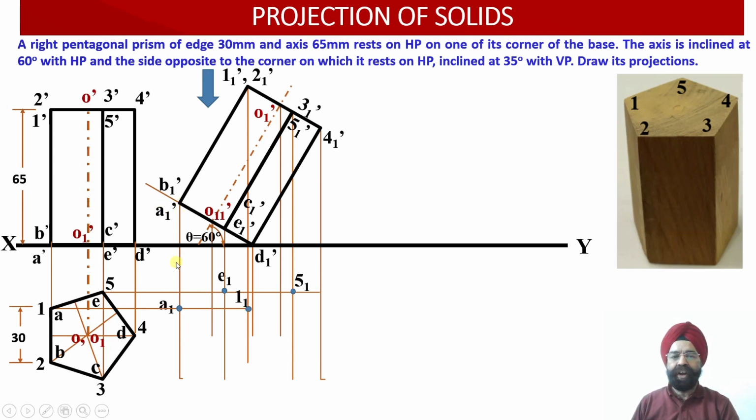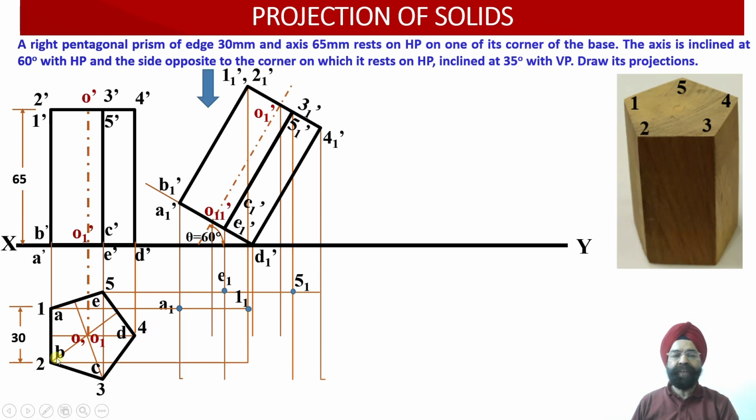Once I draw a vertical projector line, it intersects with this horizontal line. So this intersection provides us with the location of the point A1 over here. Similarly, here we have the point 1 1 dash. From 1 1 dash, we have the vertical projector line. Wherever it intersects with this horizontal line drawn through the point 1, we have obtained the point 1 1 in the top view projections over here.